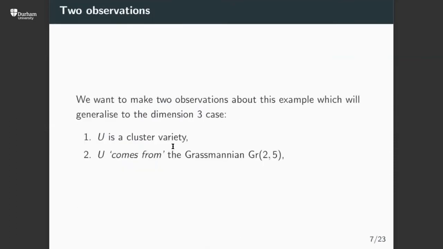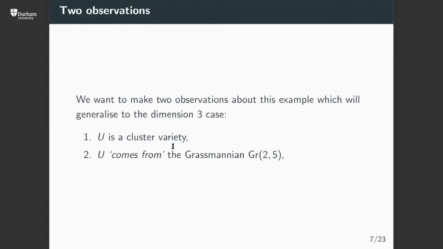And I want to make 2 observations about this example that are going to generalize to the dimension 3 case. Firstly, this U is what's known as a cluster variety. This is actually the simplest non-trivial example of a cluster variety, and I'll explain a bit about what I mean by that in a minute.